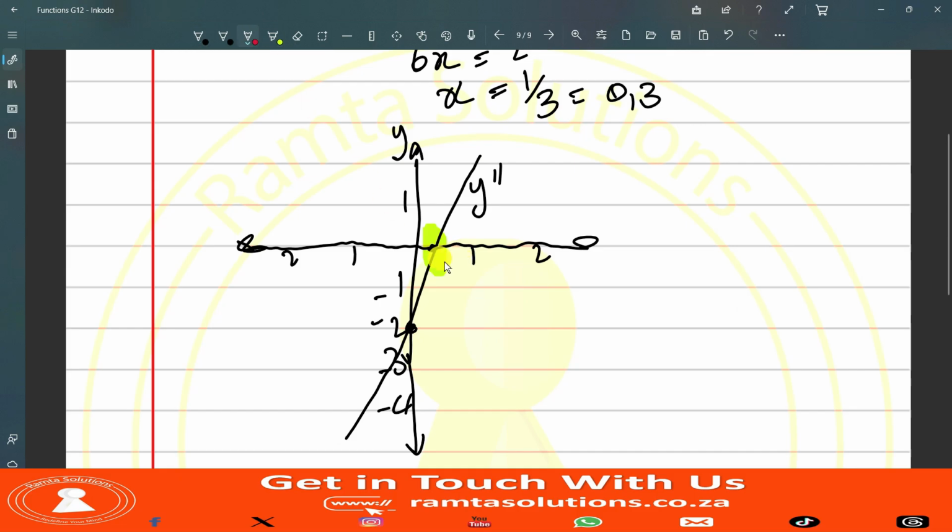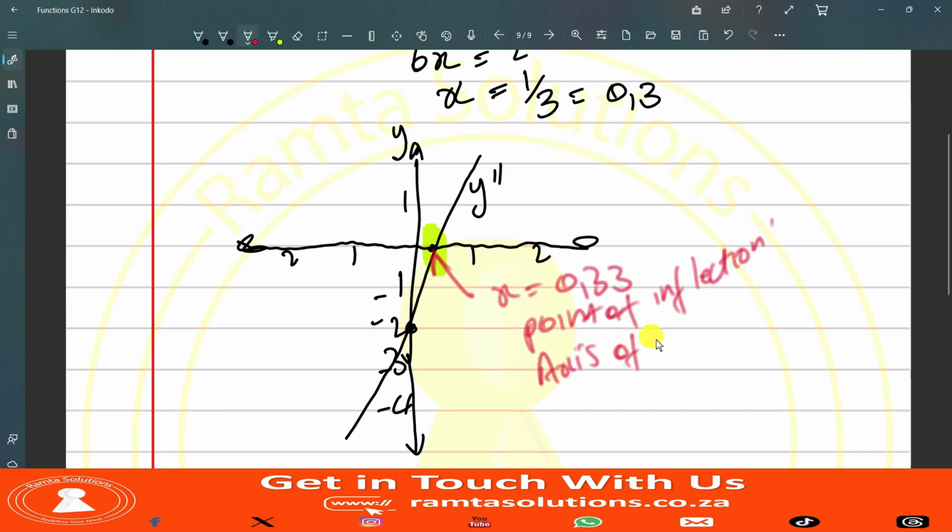This point here is x equals 0.33. What is it? It is the point of inflection of what? Of the cubic. And it is axis of symmetry. Axis of symmetry is the x value of the turning point of a quadratic.